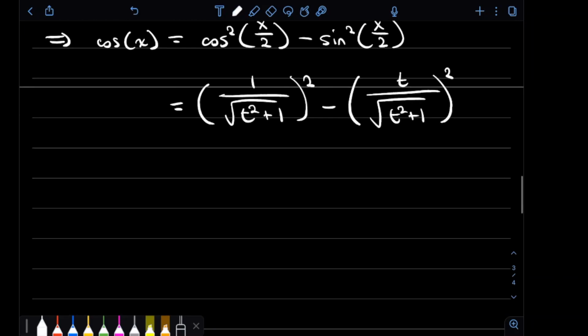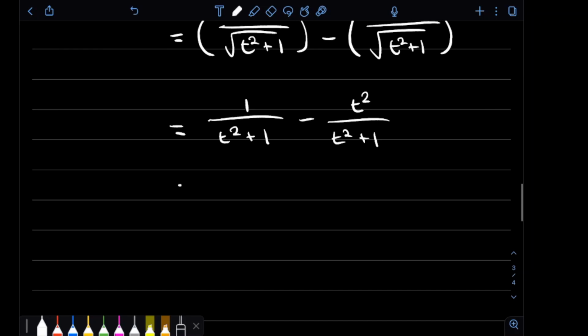So let's just simplify that a bit. 1 squared is just 1, and then the square cancels out the square root. Here we get a t squared. Same root cancellation here, and we can put this all under one fraction.